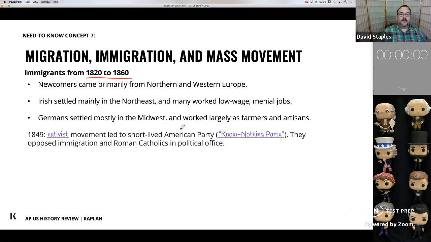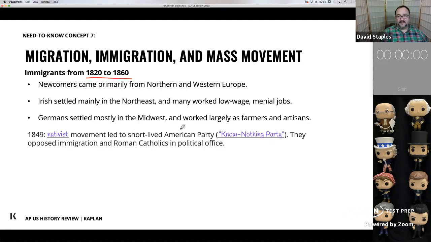So there is definitely a backlash to this movement, this immigration. The Know Nothing Party was against immigration. And one of the big issues people had with Italians in particular, but also with Irish, was the strength of this Roman Catholicism that they brought. It has been a severe bias for a very long time.